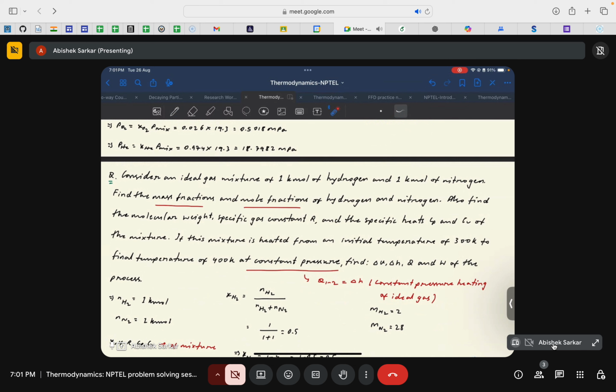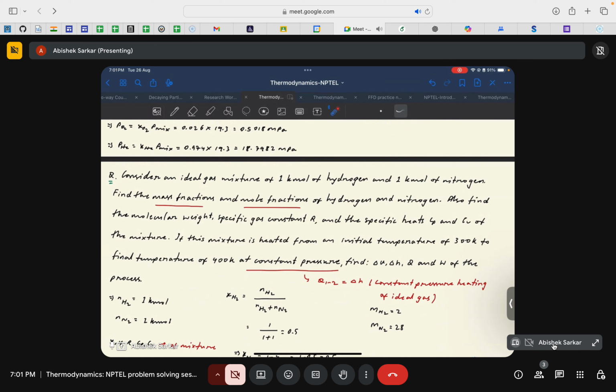Now if this mixture is heated from an initial temperature of 300 Kelvin to a final temperature of 400 Kelvin at constant pressure, again that's a very important term, at constant pressure. You will see why. Find the change in internal energy delta U, change in the specific enthalpy delta H, Q and W of the process. So it's a combination of the properties of ideal gas as well as the first law of thermodynamics.